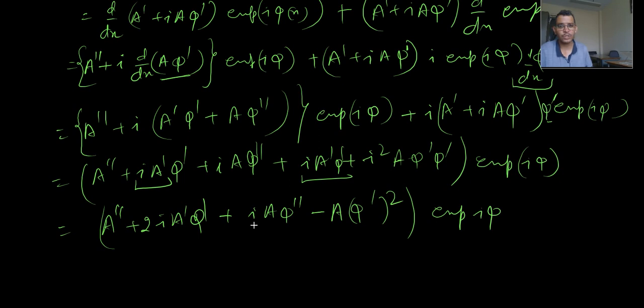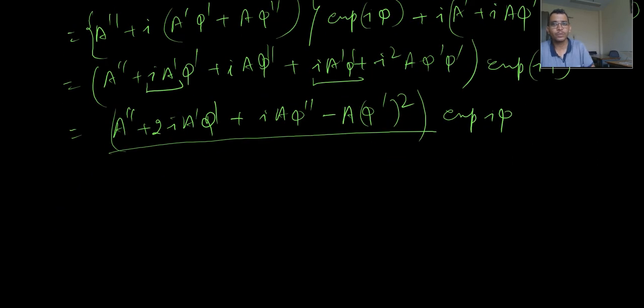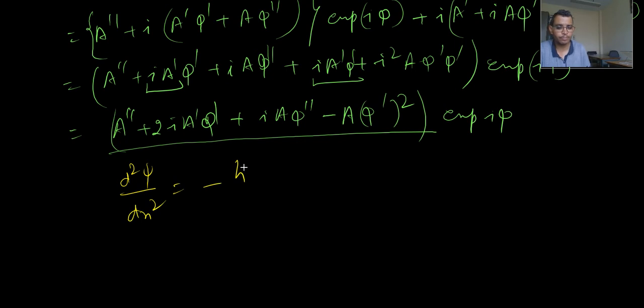So let us substitute these values in equation number 1. If I put these values in equation number 1, let me recall what equation number 1 is. Equation number 1 is like this: d square psi over dx square is equal to minus p square over h cross square psi, right?